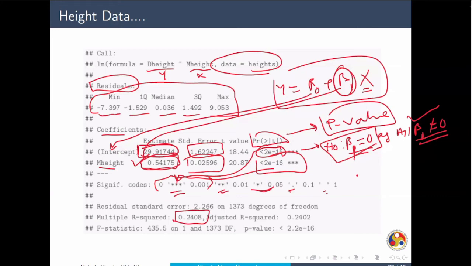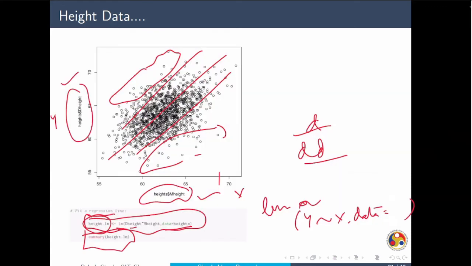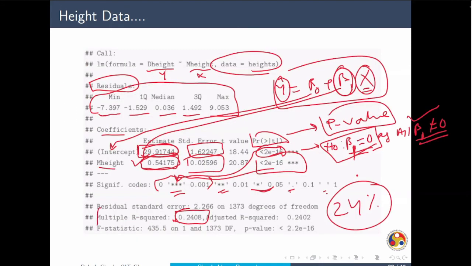That means that whatever variability we have in Y on the daughter side, based on the mother height, I am only able to explain 24% of the variability on the daughter side. That's not too good. Even from this graph, you are sensing that there might be a very good linear relationship, because a lot of things are there, and that is actually causing the problem, and we have ended up with an R square which is not so good.